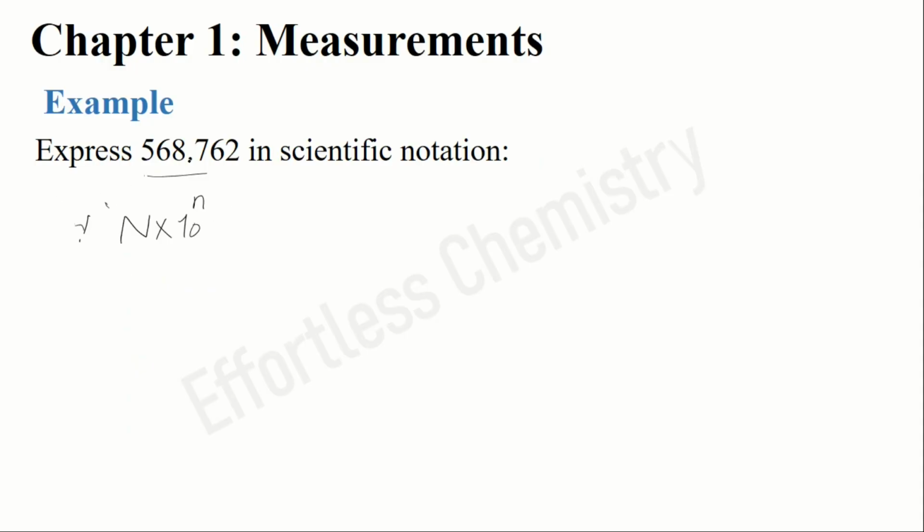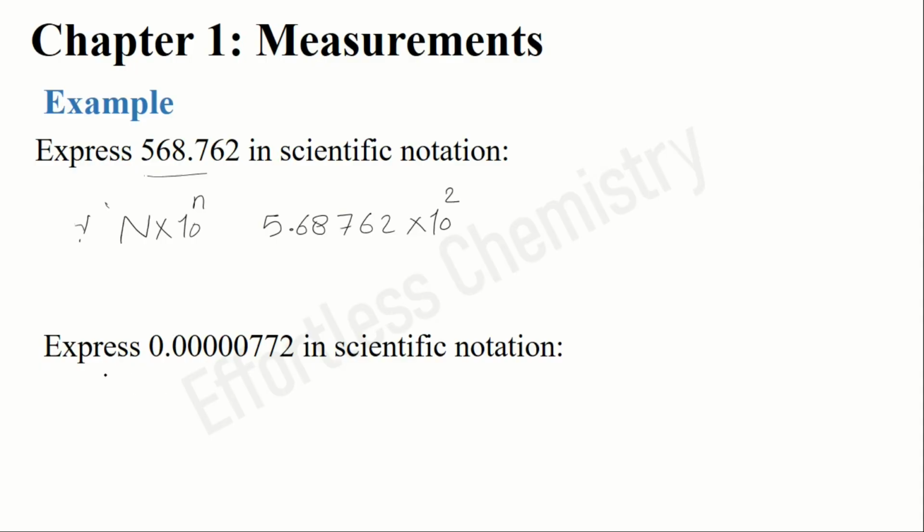I only move the decimal point 2 units to the left and write it like that, 68. And the remaining numbers multiply 10 to 2. Note that the decimal point is moved to the left by 2 places and n is 2. It's not negative, it's positive. When we move the decimal point to the left, the final n number is positive.